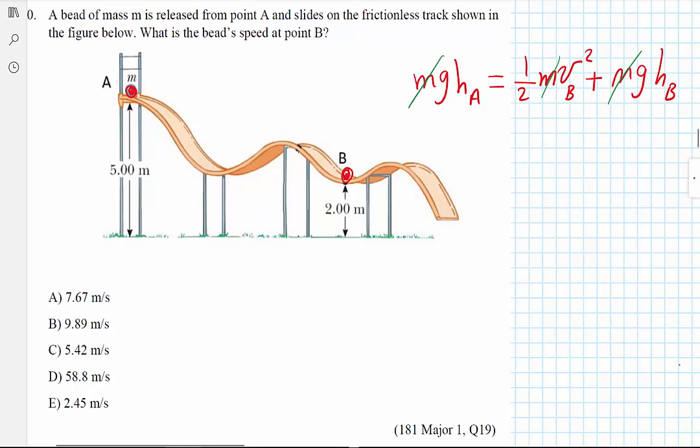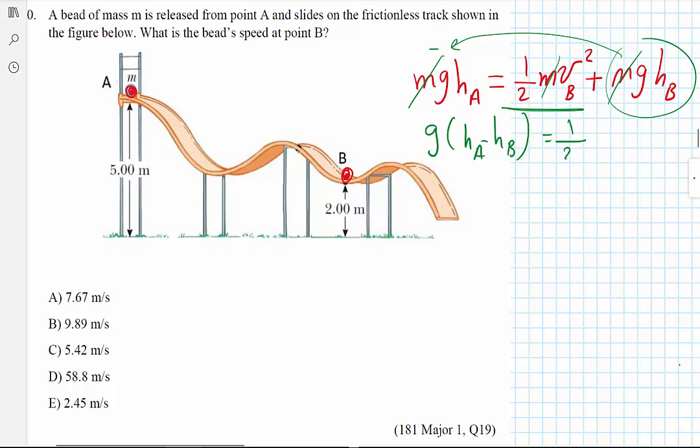And we can remove the masses from all the terms. And then we can take mghb to the other side with negative sign. So it will be g times ha minus hb, equals half times vb square.